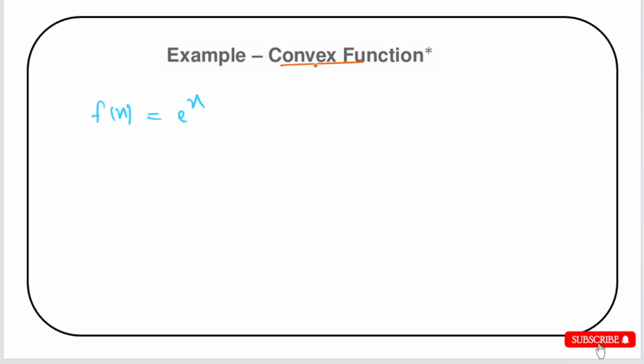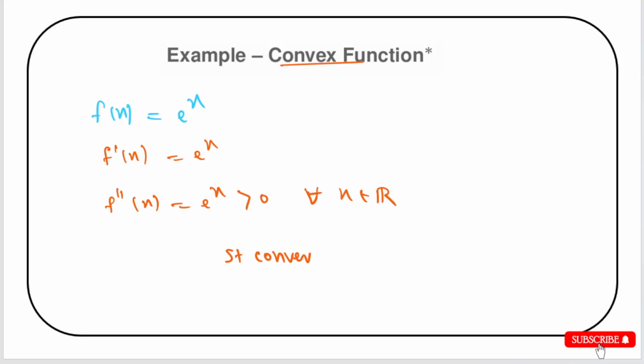Now let us quickly look at some examples. Example of convex function. This is a classic example. Simply find out the double derivatives. What is the double derivative? It is as it is, which is strictly greater than 0 for all x which belongs to R. So it is a strictly convex function, right?